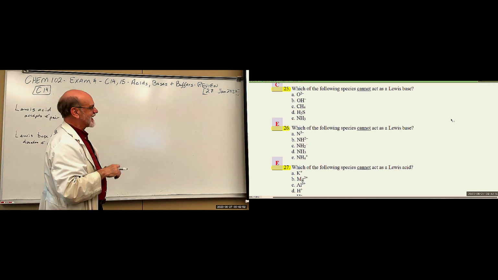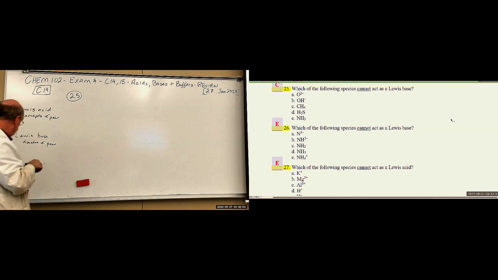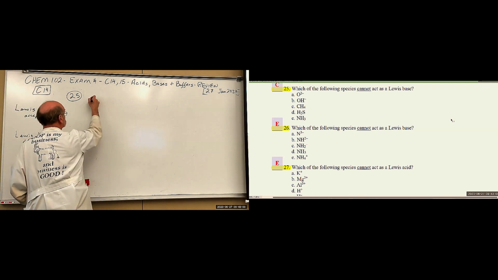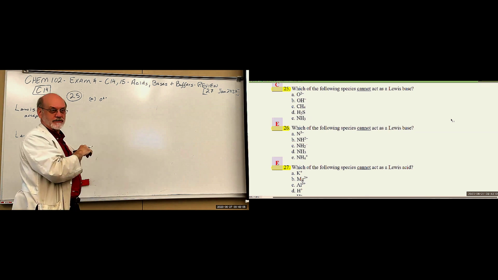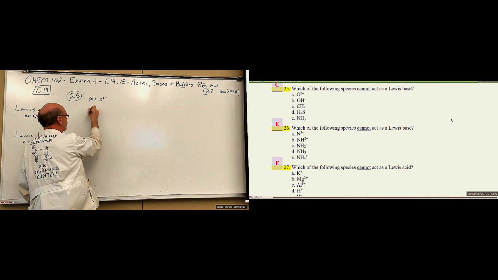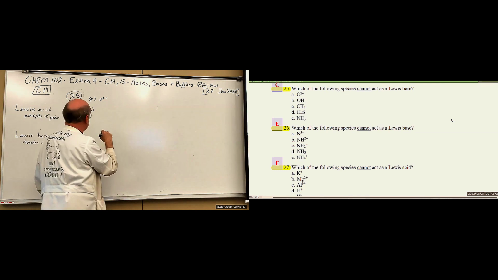Which of the following species cannot act as a Lewis base? In other words, which one cannot donate electrons? O2 minus, yeah, it's got plenty of electrons. We could draw the Lewis dot structure for that.